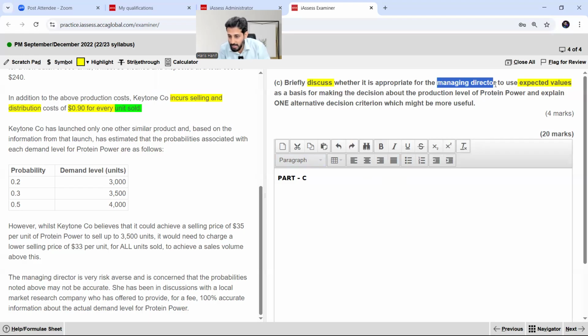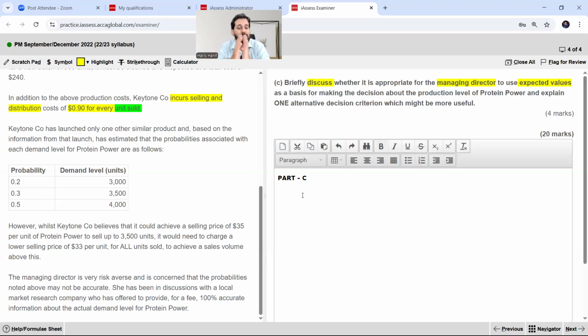Please observe and listen to me very carefully. So there is a connection between the managing director and risk averse. I shall guide you that you have to write about both of these, the managing director and the expected values.